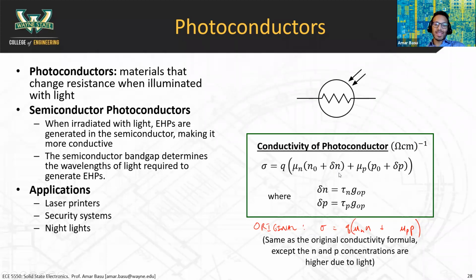If you're doing steady state illumination, then delta n and delta p are given by these equations shown. So basically, shine light on the material, electron and hole concentration goes up, so the conductivity also goes up.